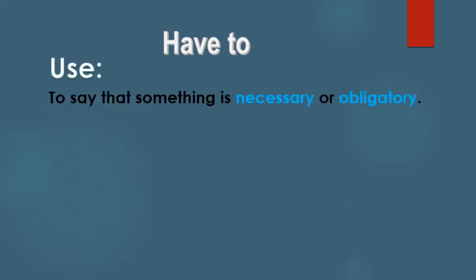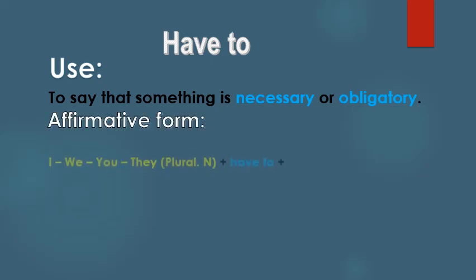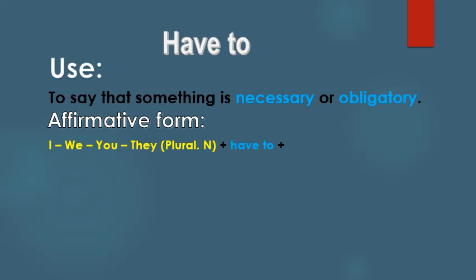Have to, يجب عليك. So we use have to say that something is necessary or obligatory. إذا للحديث عن الأشياء المهمة أو الإجبارية. So the affirmative form is if the subject is إذا كان الفاعل I, we, you, they or any plural noun إذا كان الفاعل من الضمائر الجمع أو أي اسم جمع we add have to.